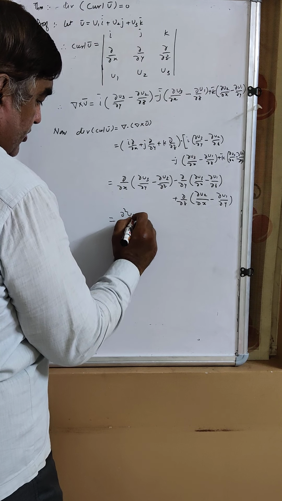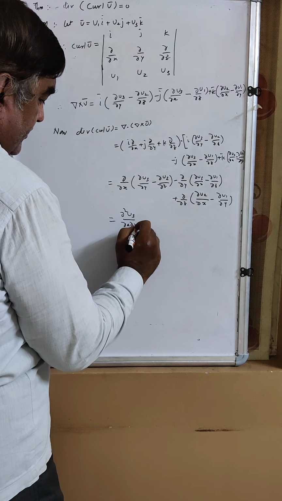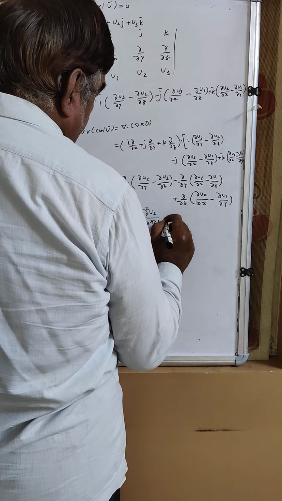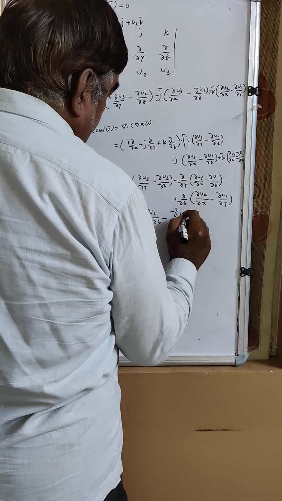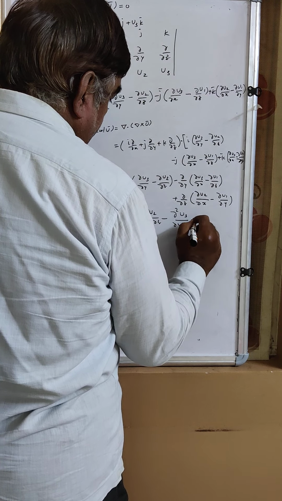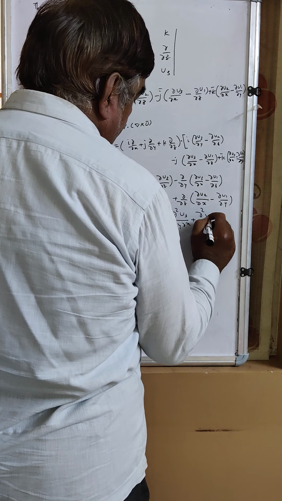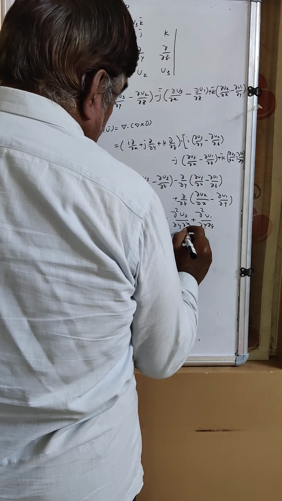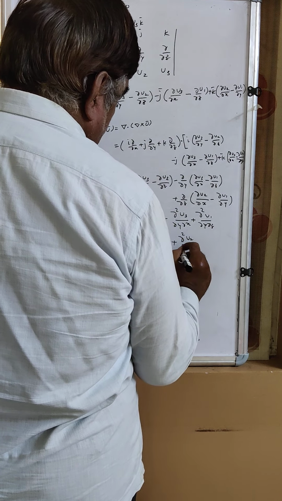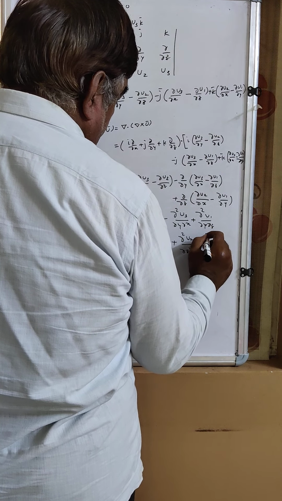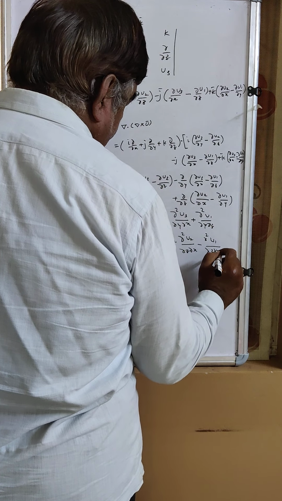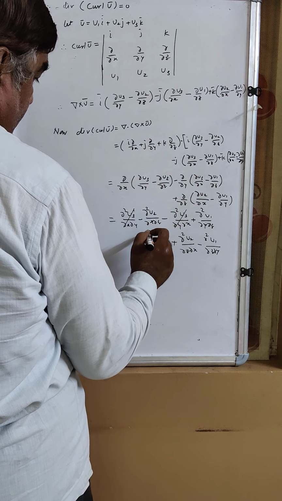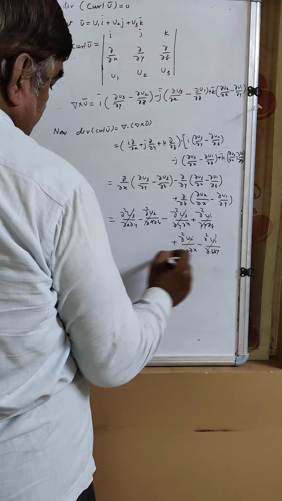del square u3 by del x del y minus del square u2 by del x del z, minus del square u3 by del y del x plus del square u1 by del y del z, plus del square u2 by del z del x minus del square u1 by del z del y. Del square u3 by del x del y, this and this get cancelled, del square u2 by del x del z, this and this get cancelled, is equal to 0.